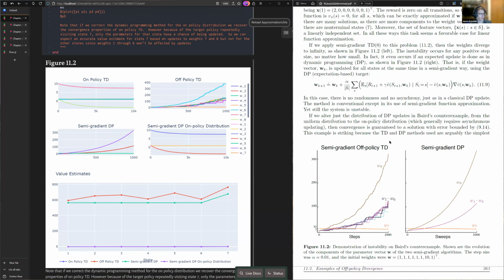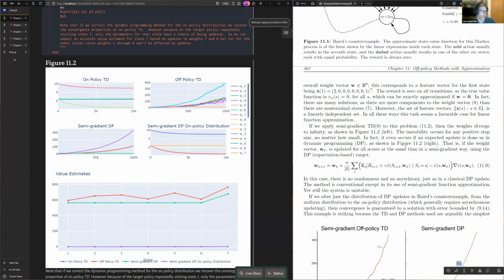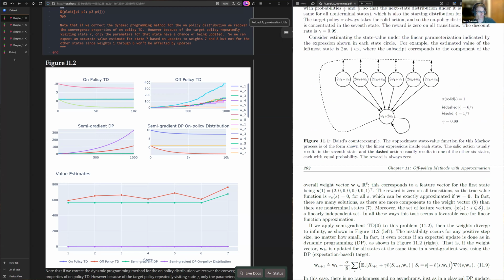But one of the main points here is that this divergence can occur even when you have an overdetermined system like this. And it's simply because we're not correcting for the states that we visit.